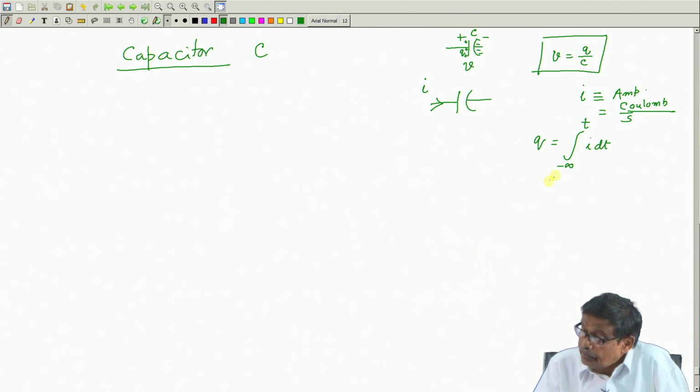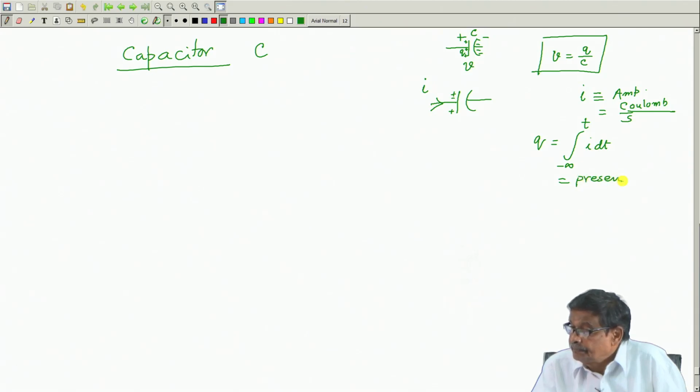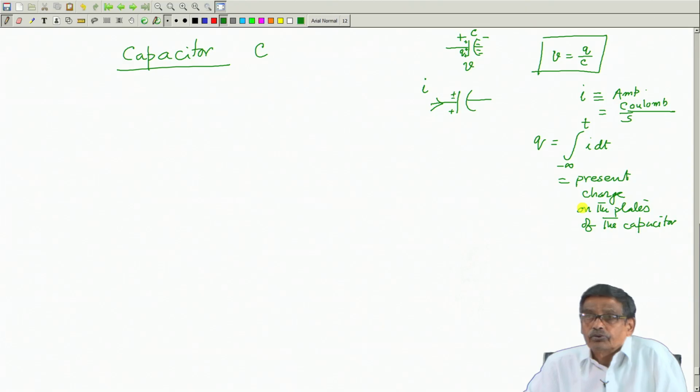That will give you the present charge on the plates of the capacitor. So, you have to excite the capacitor with a current source.